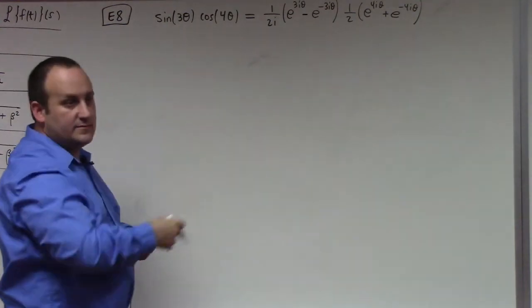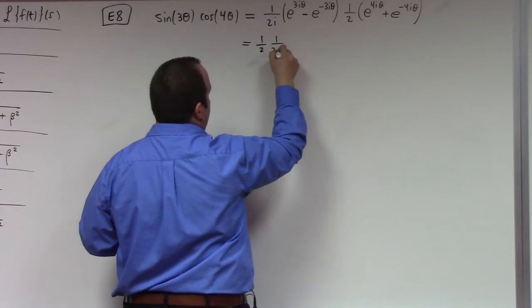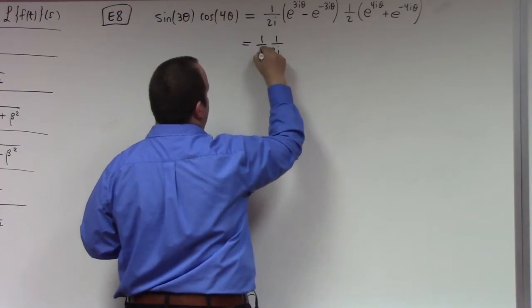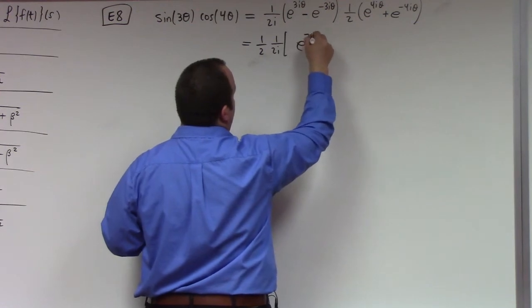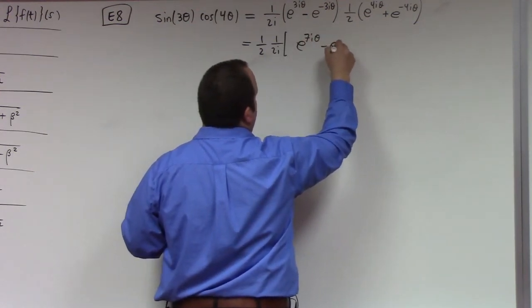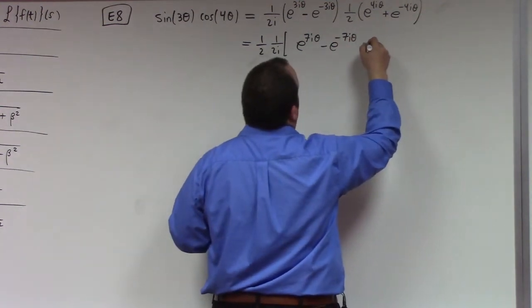And then multiply. So we have 1/2, 1 over 2i, pull those out front, leave them there. And this is going to be e to the 7i theta minus e to the minus 7i theta. Let's see here.